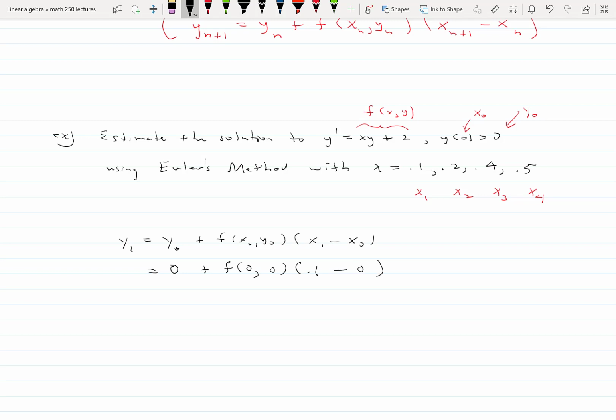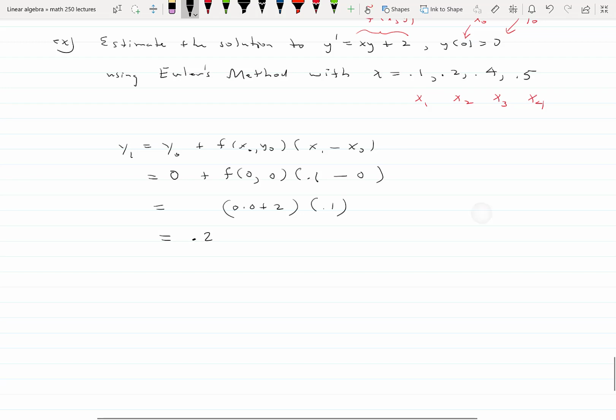So 0 plus f of 0, 0 is 0 times 0 plus 2. Remember, f of x, y is xy plus 2, times 0.1 minus 0 is 0.1. So my first solution value is 0.2.